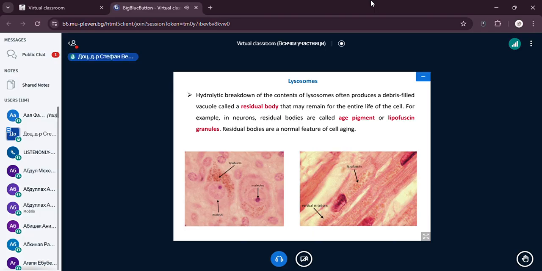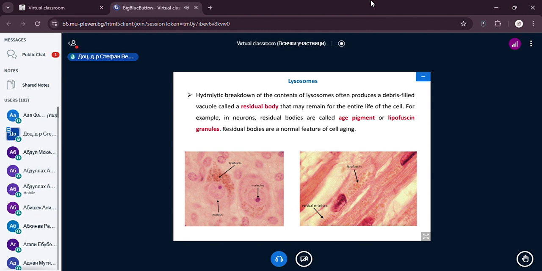So, regardless of the fact that we have so many different degrading enzymes in the lysosomes, and these enzymes are usually quite potent, very frequently the material for degradation exceeds the degrading abilities of the enzymes. The enzymes become exhausted.